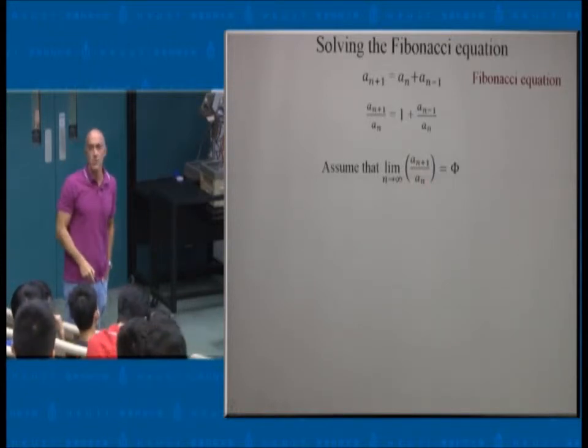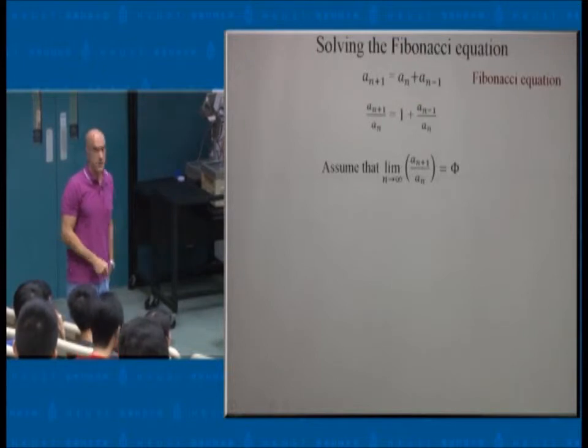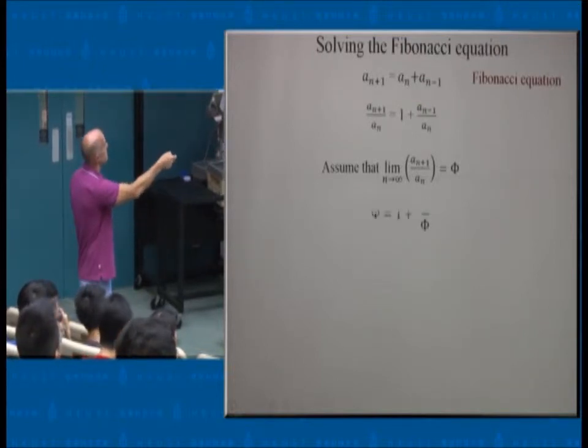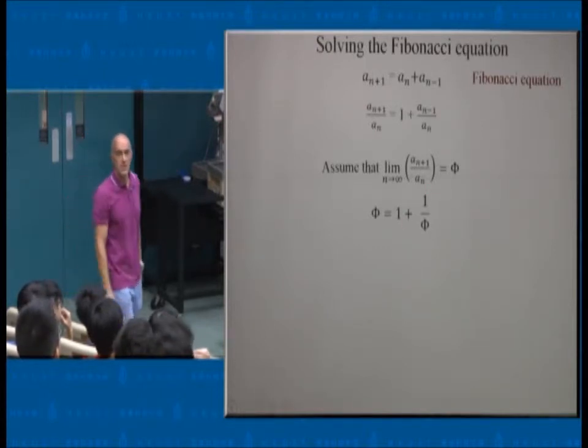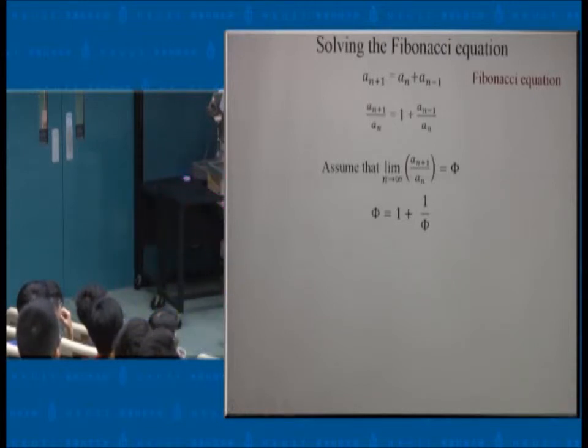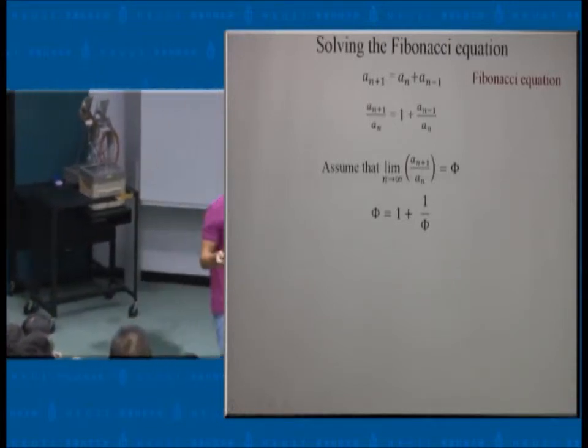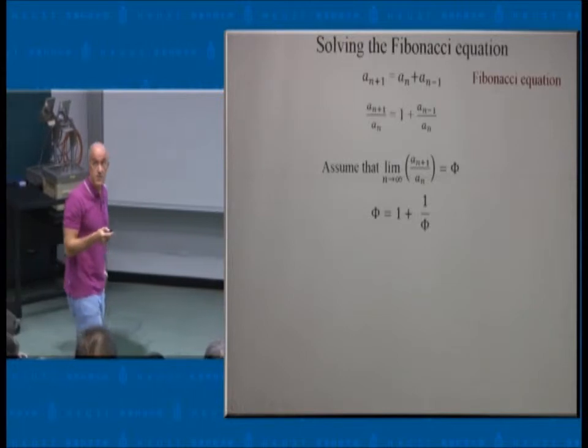It's the same number, right? N goes to infinity. Okay. So the Fibonacci equation becomes phi equals 1 plus 1 over phi. Okay. So we get an equation for phi, right?